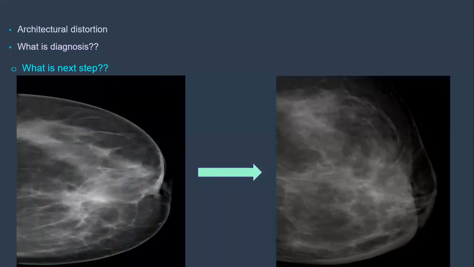Okay, these are the previous images. So, more skin retraction, or only retraction, more.